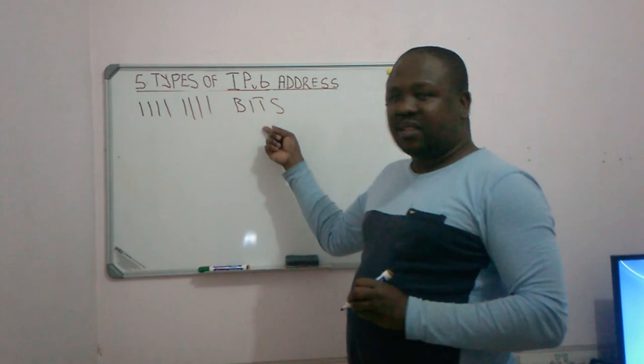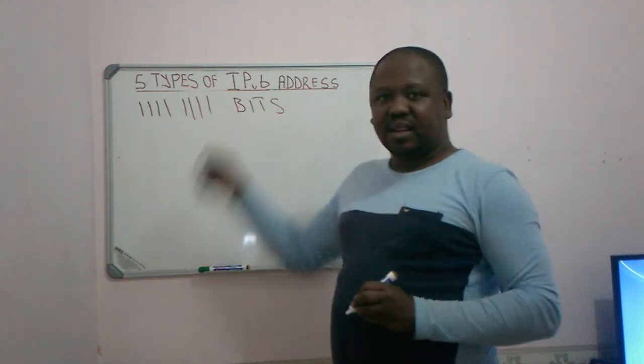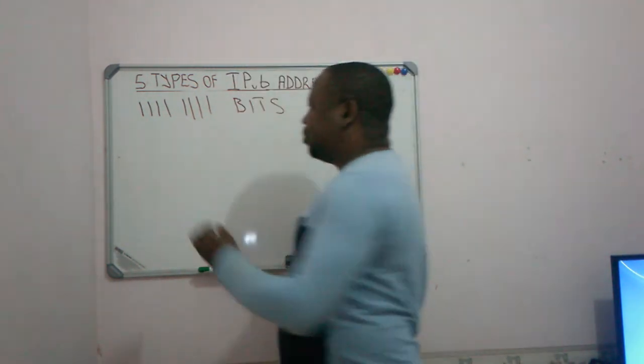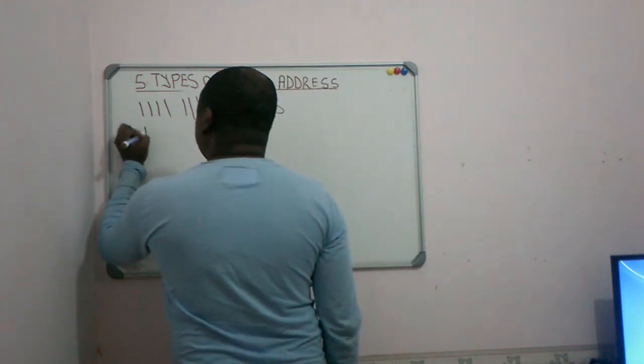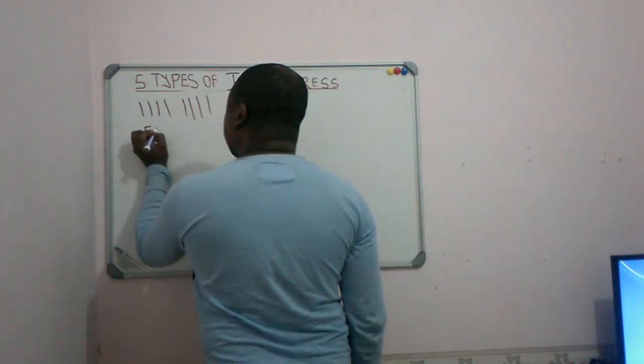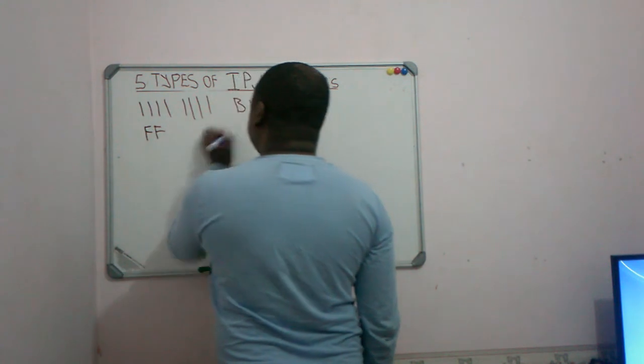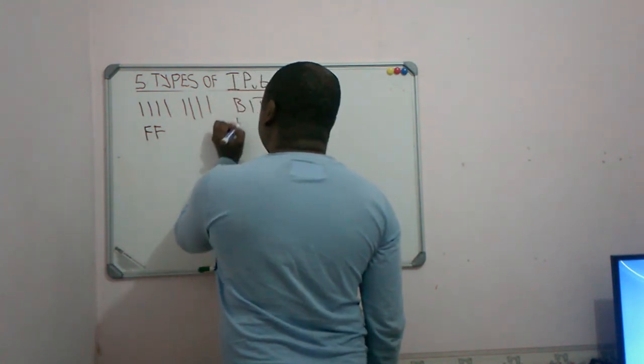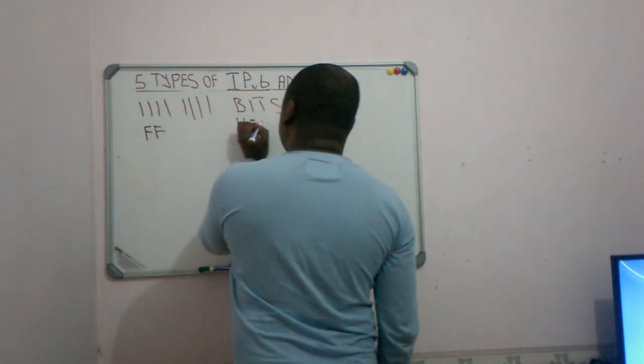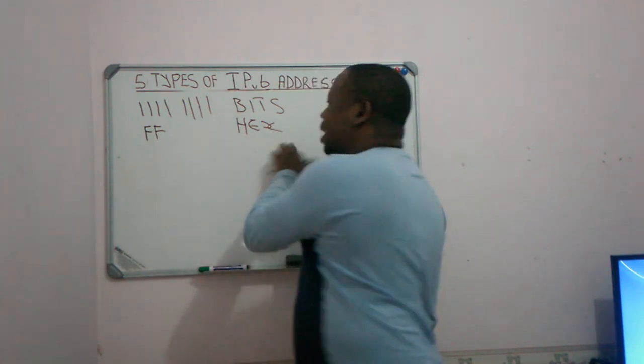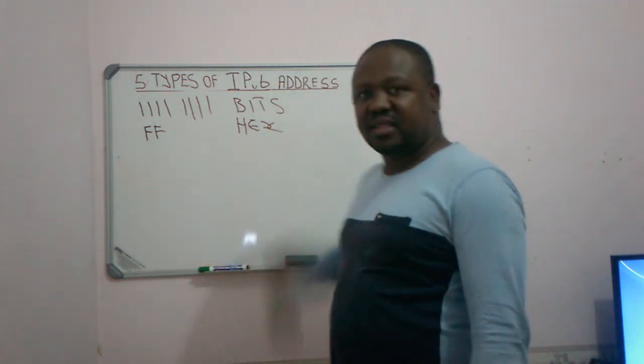So what does this mean? It means that our first 2 characters in hexadecimal are FF. Our first 2 characters for multicast are FF, represented in hexadecimal.